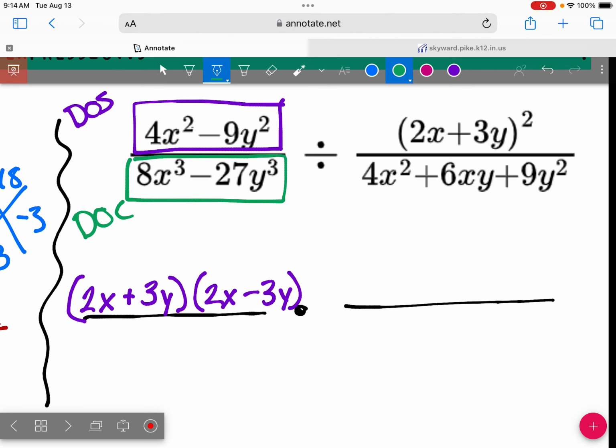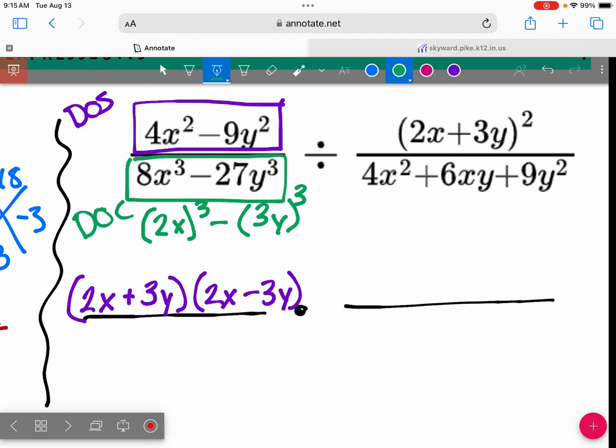With our difference of cubes, since for some of us that's going to be really new still, what is cubed to make 8 cubed? 2. So we have 2 and x here. What is cubed to make our 27y cubed? 3 and y. So that's our A and our B pieces. Our A is the 2x, our B is the 3y.